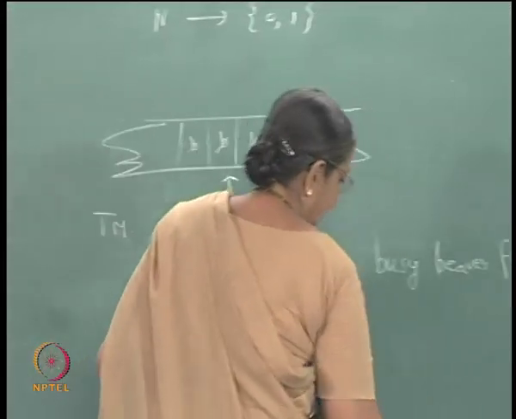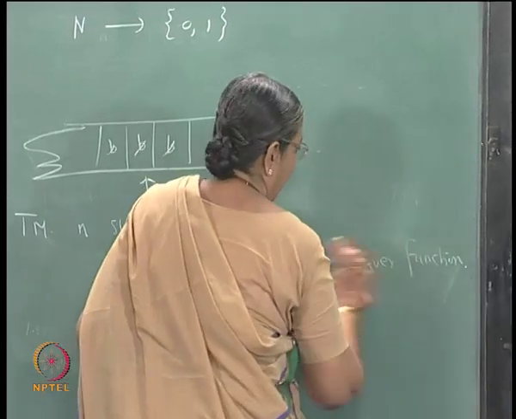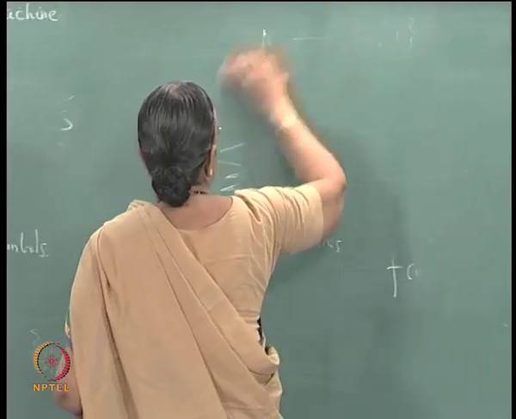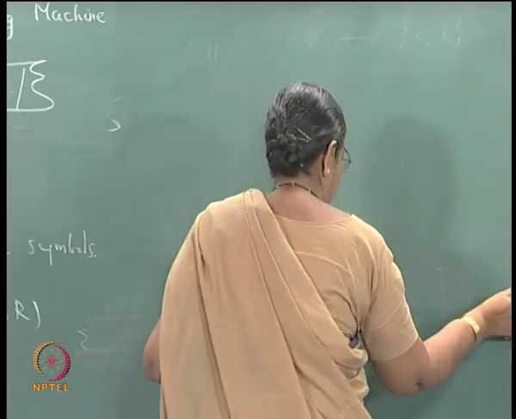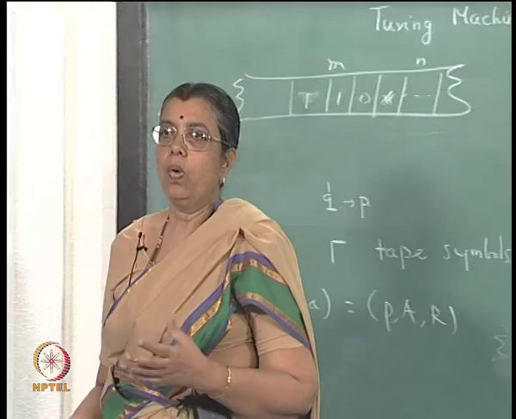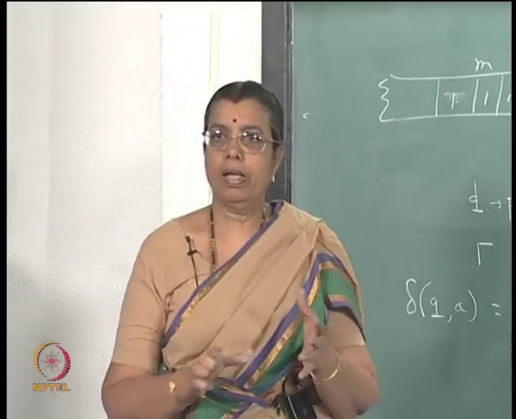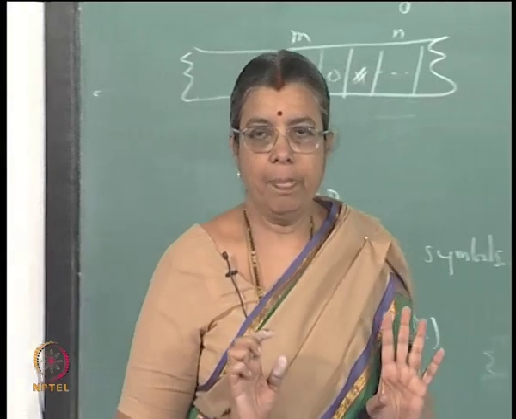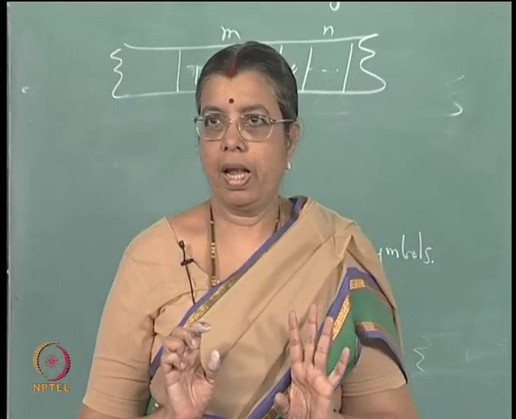Now, what Turing said is, whatever could naturally be described as an effective procedure can be realized by a Turing machine. So, if you can write something as a program or step by step, you can implement it on a Turing machine.